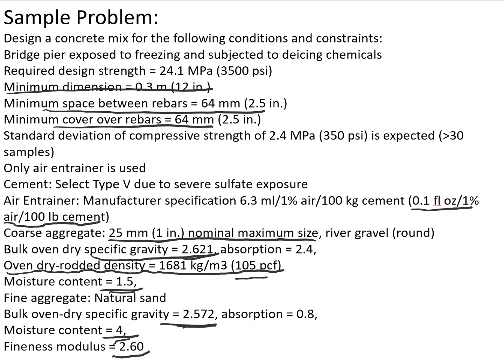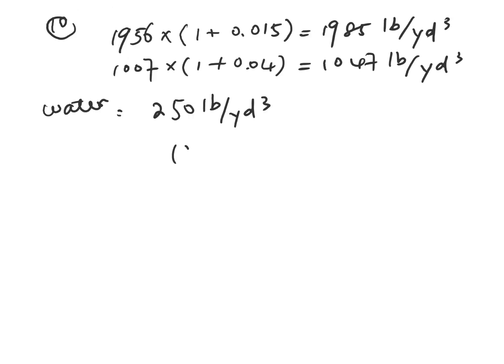So it's 2.4 minus 1.5 times the dry weight of the coarse aggregate, so 1956 times this amount, divided by 100%.